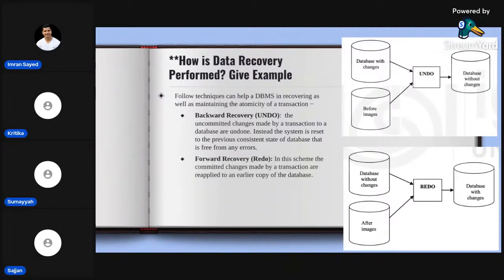Second, forward recovery or redo. In this scheme, the committed changes made by the transaction are reapplied to an earlier copy of the database. Log based recovery, maintaining the logs of each transaction and writing them onto some stable storage before actually modifying the database.